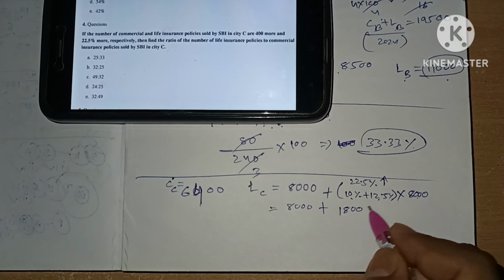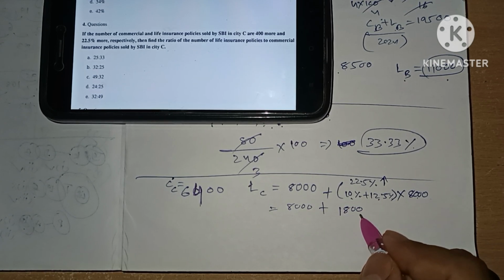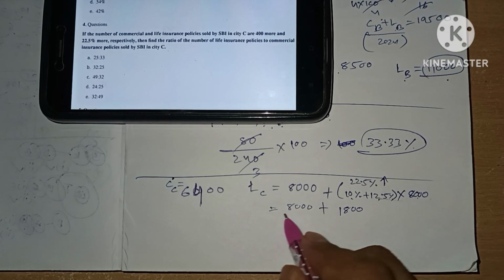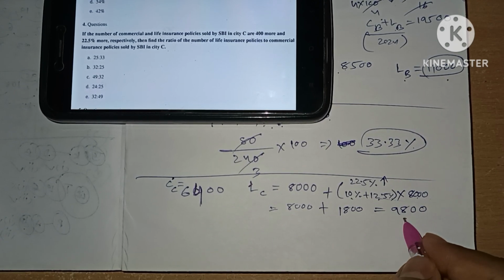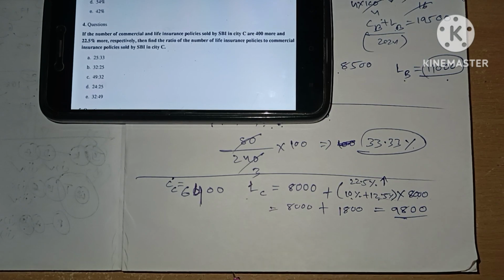So we get 1800 extra, and the sum is 9800. This is the value for LC at present.